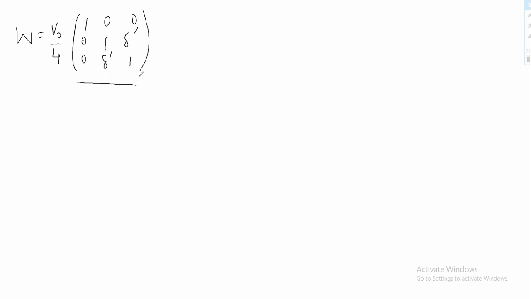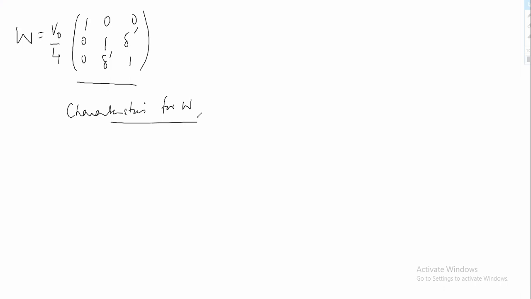And you can notice that I am getting a matrix, and if I have this matrix, then using the characteristic equation for this W, we can work out the eigenvalues and obtain the result.